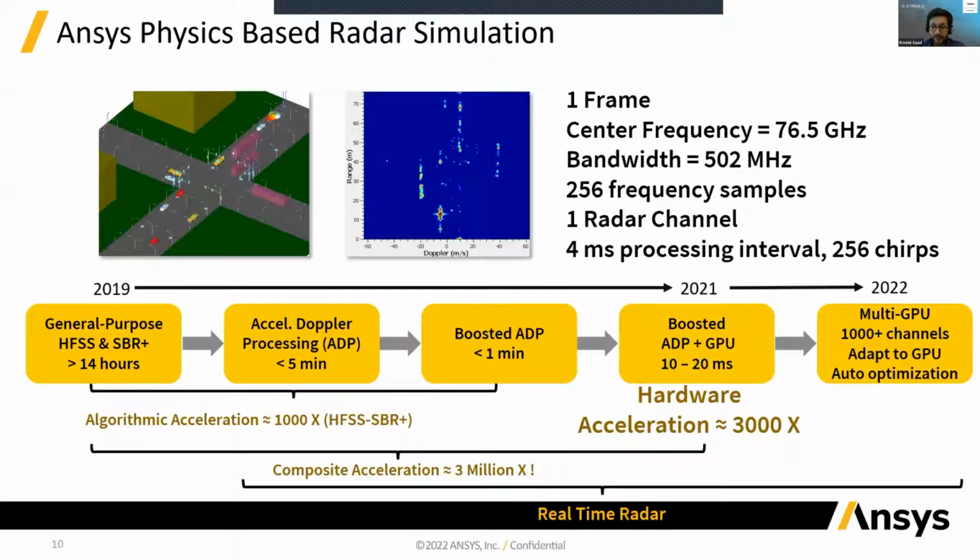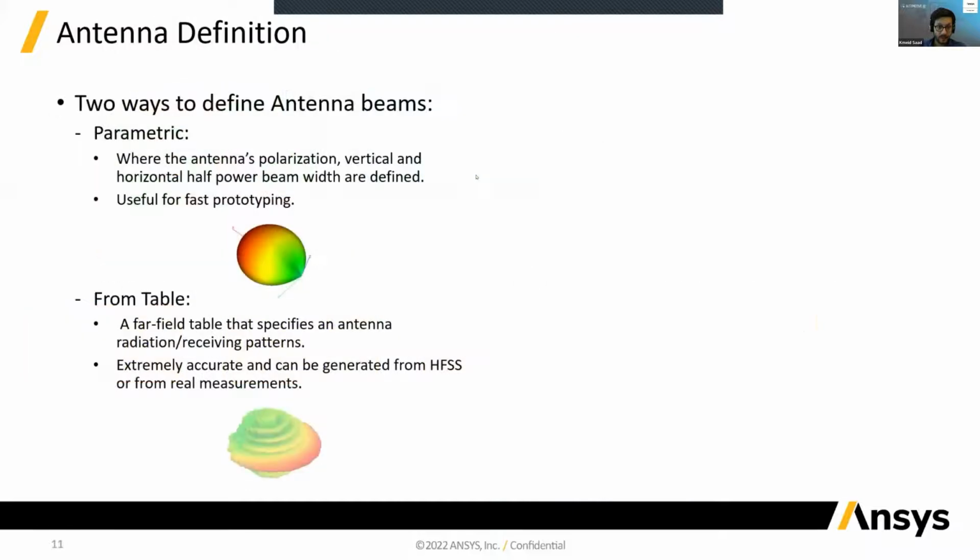And from 2022, we boosted this technology and transferred it to run on hardware accelerated devices like these GPUs, and achieved a 10 to 20 millisecond simulation time for solving this 1 frame. With that, of course, throughout my presentation, I'm talking about physics-based simulation, not just simulation.